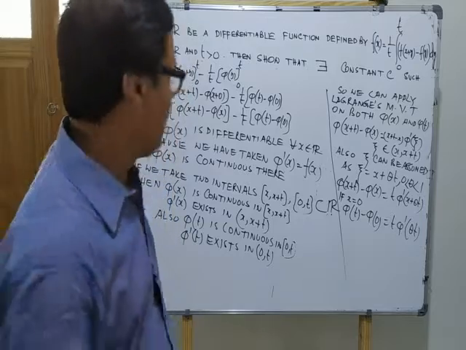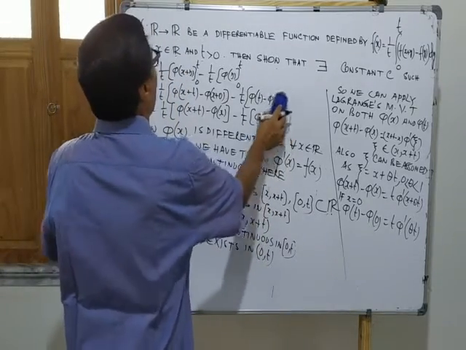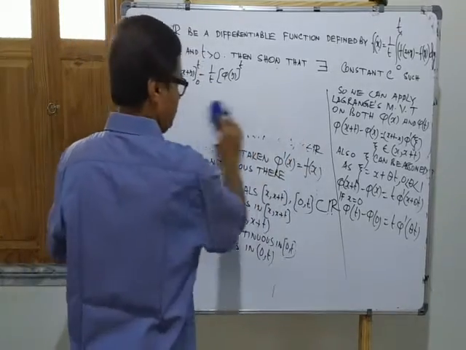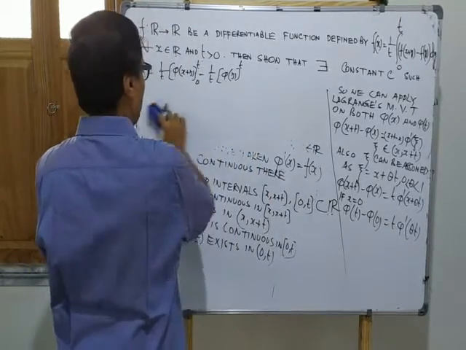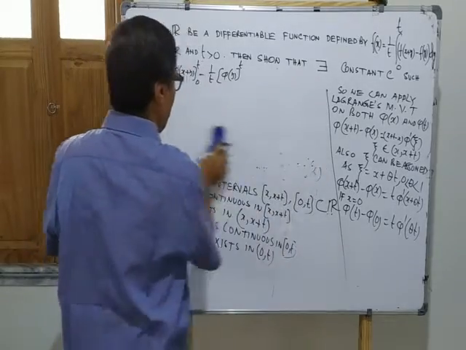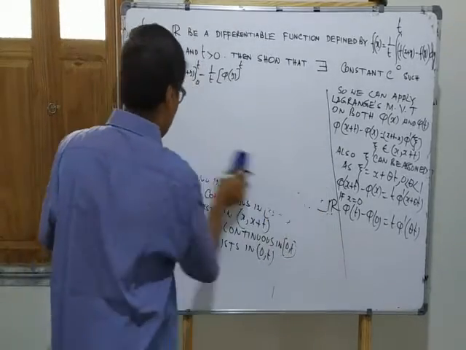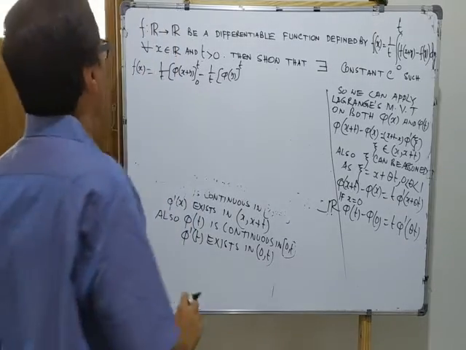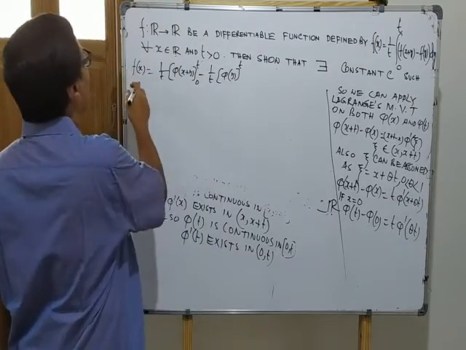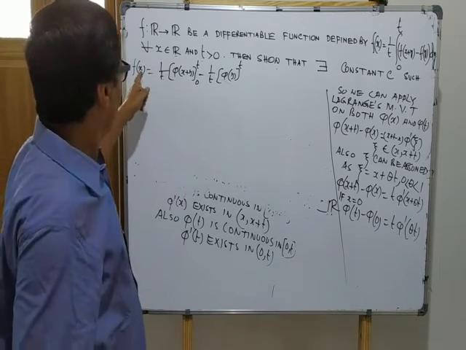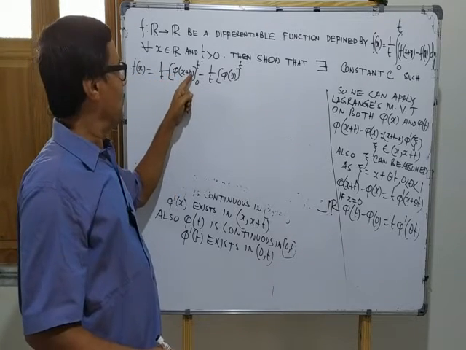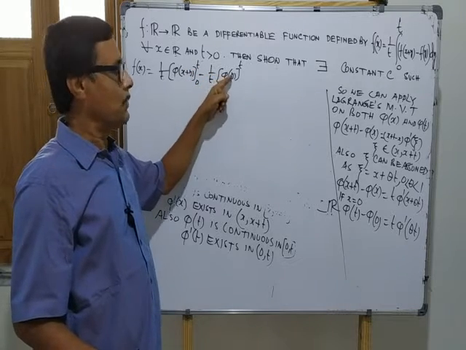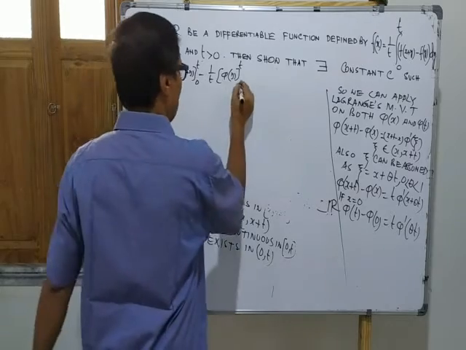Now we go to the initial step. Here the initial step was f x equal to 1 over t phi of x plus y from 0 to t, minus 1 over t phi y from 0 to t.